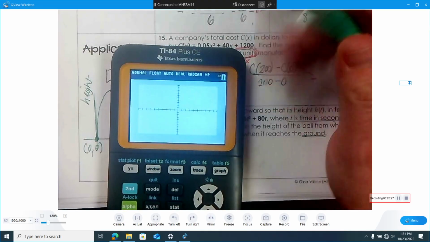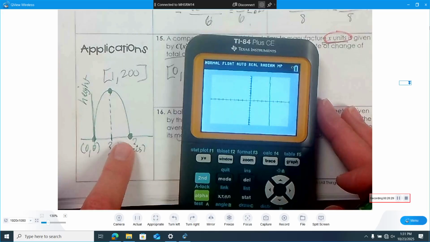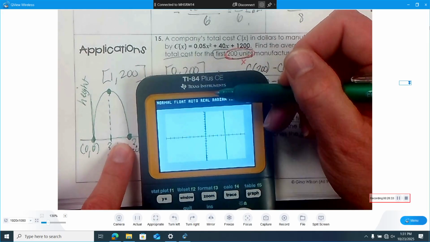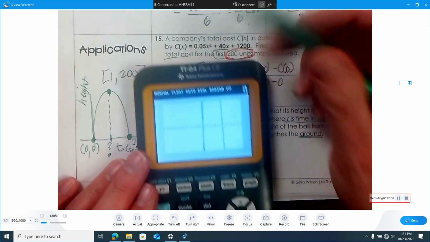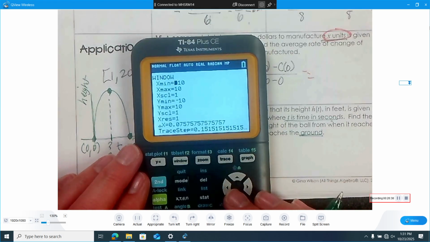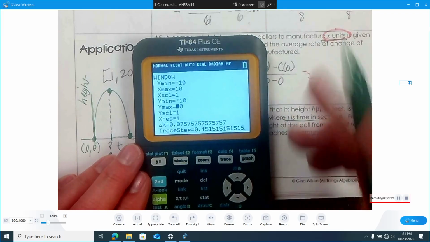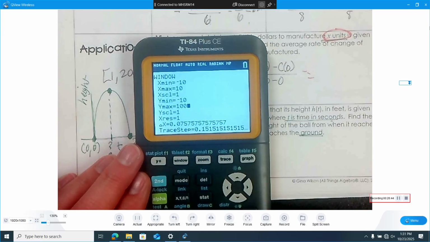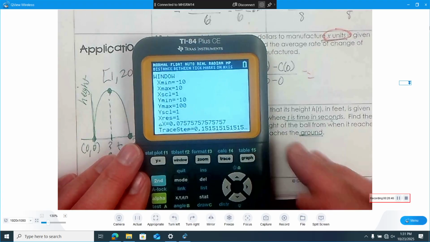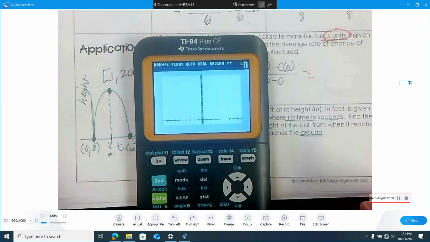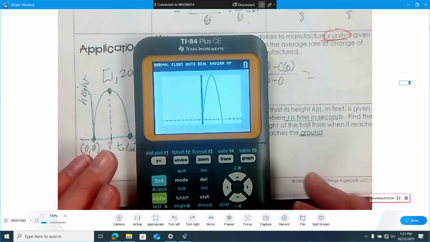I am seeing my important x-intercepts, there and there. But what do I need to see? The y maximum. I'm just going to change my window and change the y maximum value. What should we make it? 100? Sure, let's try 100. Oh, look at that. There, that's lovely.